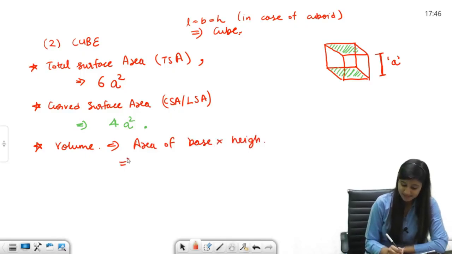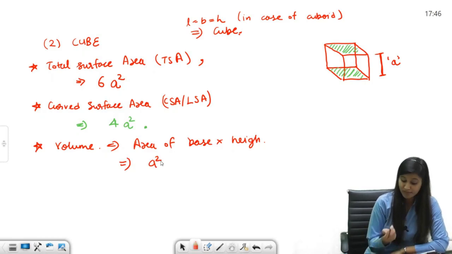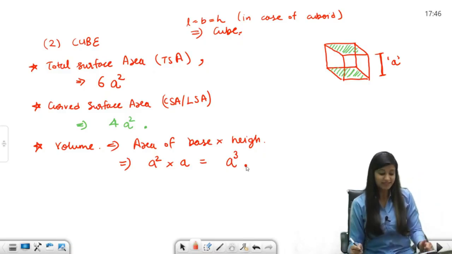In this particular case of a cube, what will be the area of base? It will be a square because it is a square shaped base, and height is again a. So your volume is a cube.